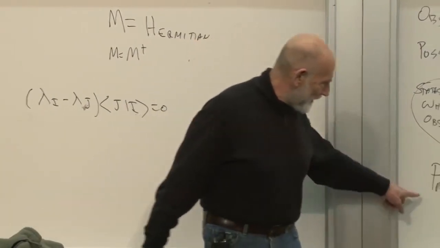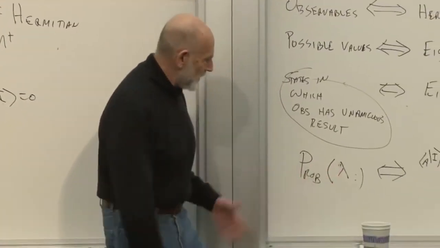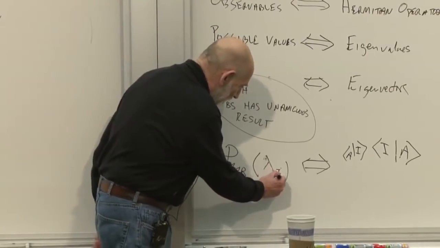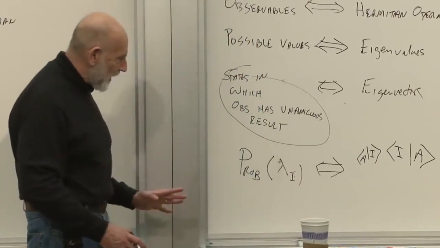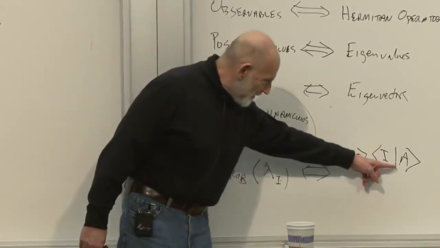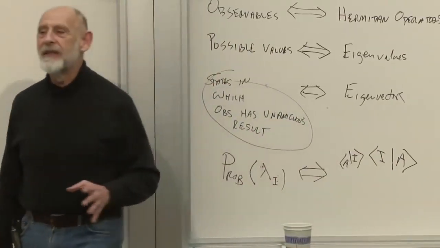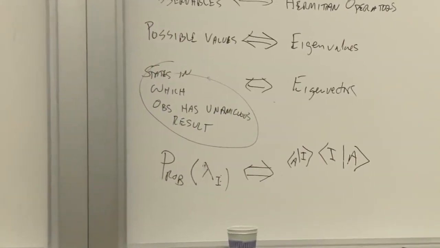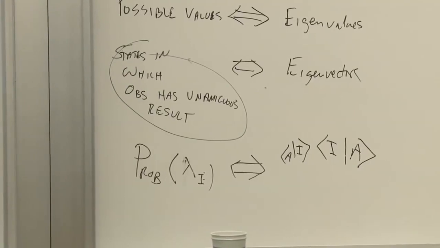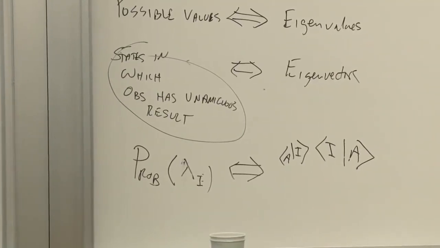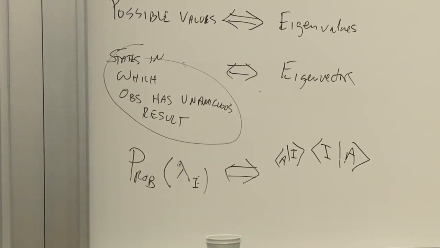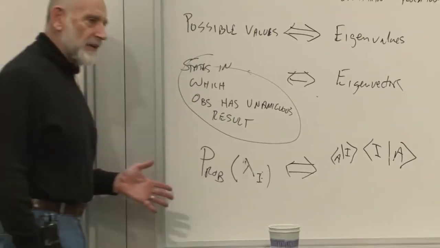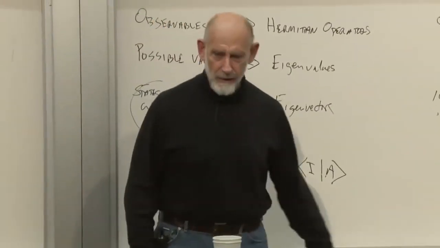This reads the probability of measuring lambda I. The probability of measuring lambda I is the square of the inner product of A with I. If you like, it's the projection of A onto the I direction, or the component of A in the I direction.